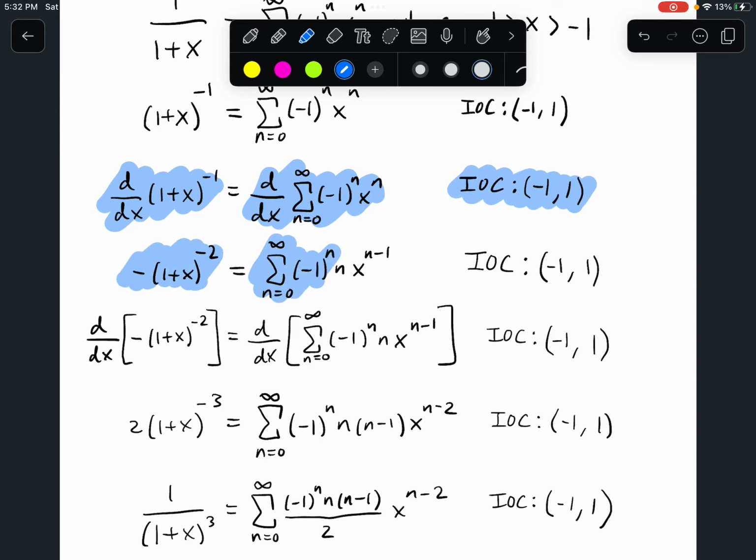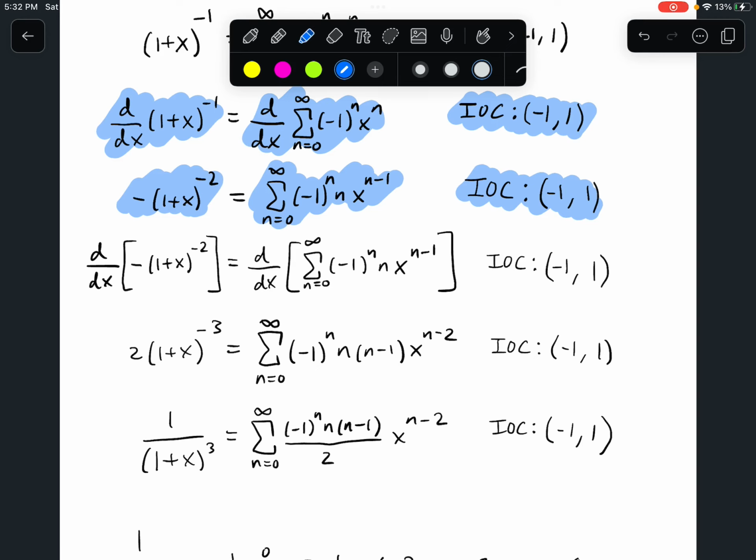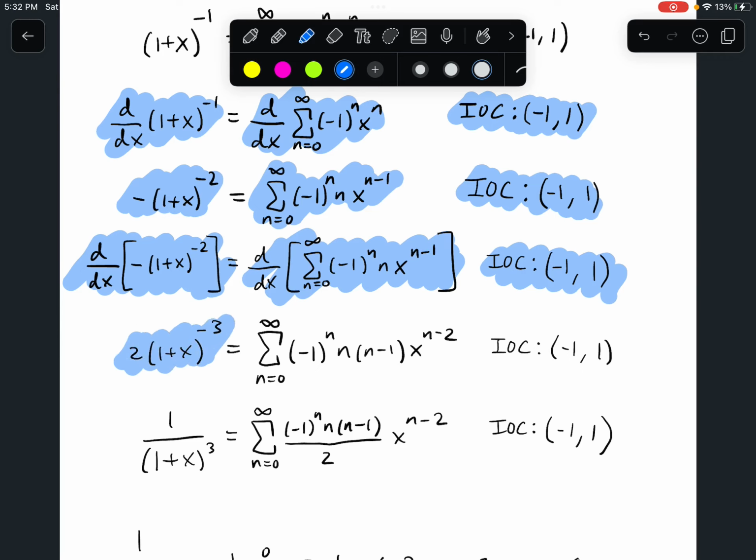Now let's differentiate again. Again, there's no endpoints to lose, so the interval of convergence will stay the same. We differentiate, same interval of convergence, and solving for the differentiation, we get this, we get this, and we get this interval of convergence.